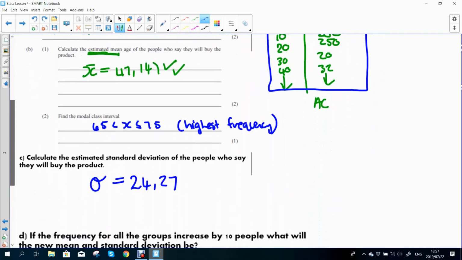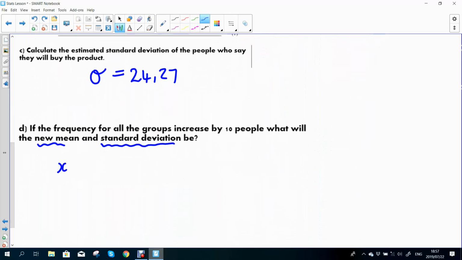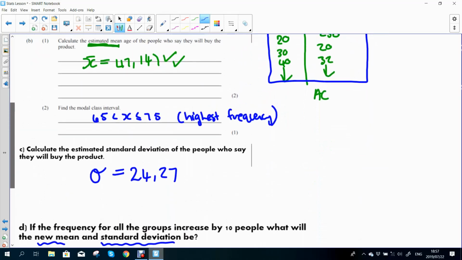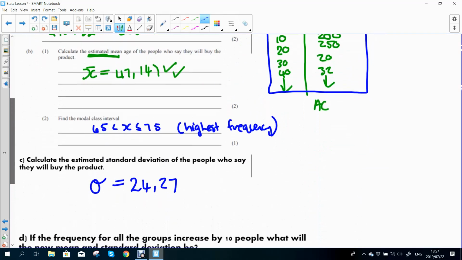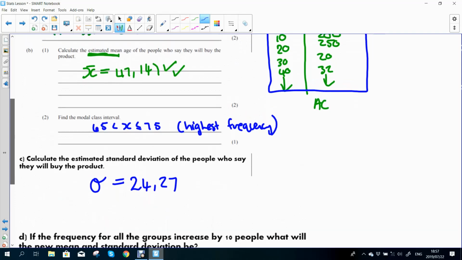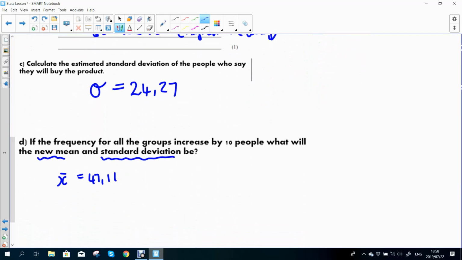Now, your average originally that you worked out was 47,14.